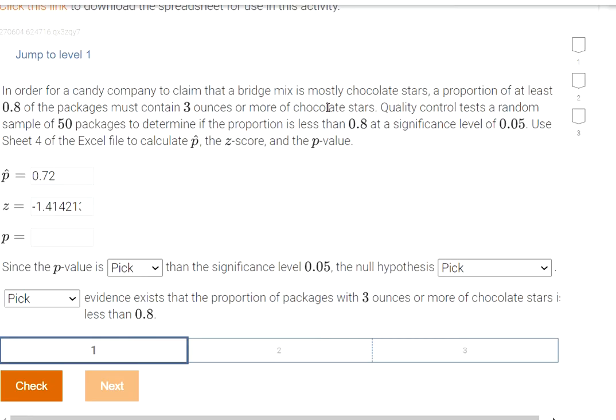And so let's read through. What are they trying to test here? In order for a candy company to claim that a bridge mix is mostly chocolate stars, the proportion needs to be at least 0.8. Quality control tests a random sample. Evidence exists that the proportion of packages with 3 ounces or more of chocolate stars is okay.